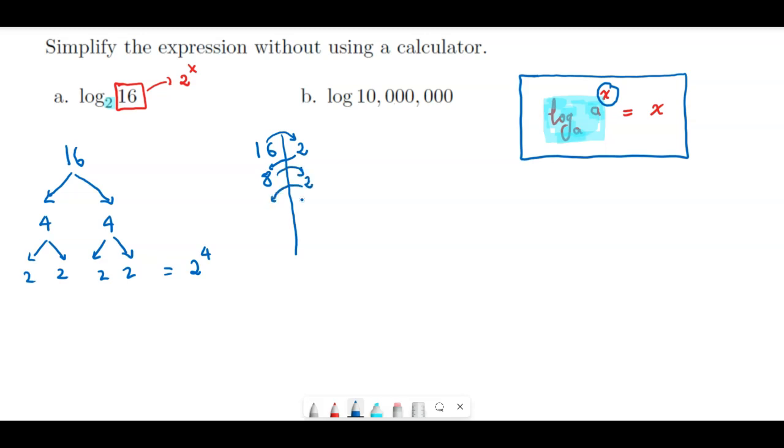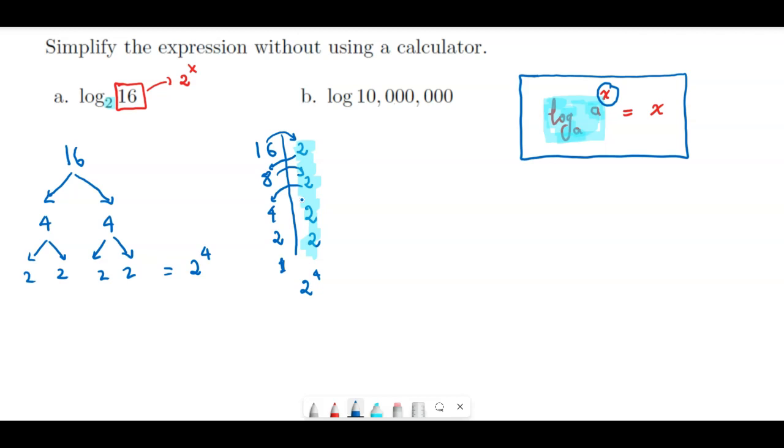And then 8 divided by 2 is going to be a 4, and so forth. So 4 you can divide by 2, you're going to get 2. 2 divided by 2, you're going to get 1. So once you hit the 1, the prime factorization will be the numbers over here. And you can notice here is the same answer. So that's 2 to the fourth. All right, so we end up with the same answer either way.